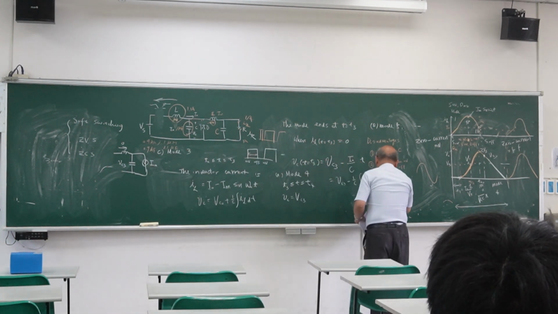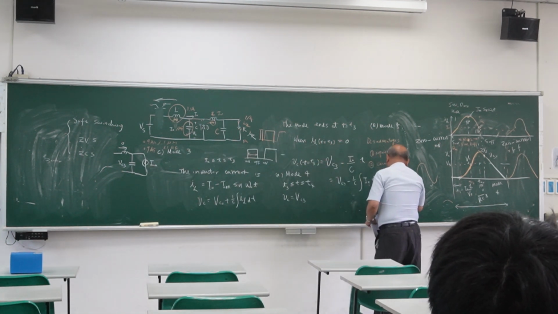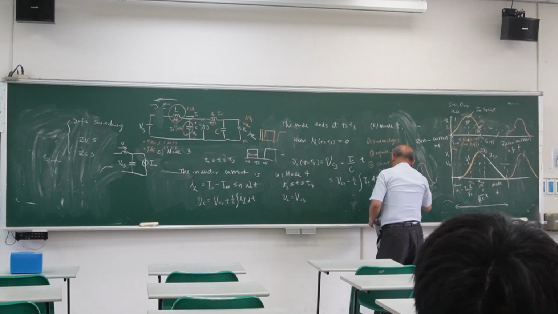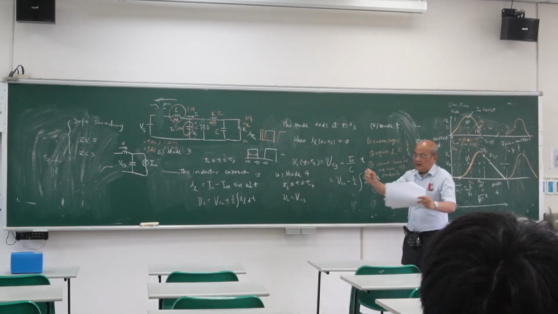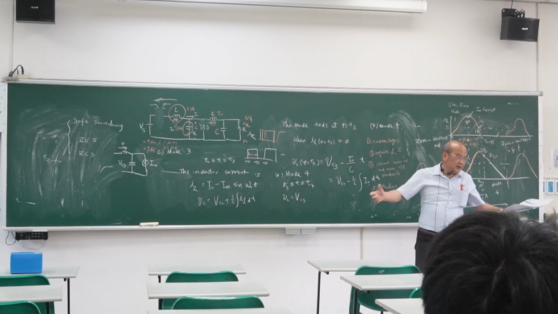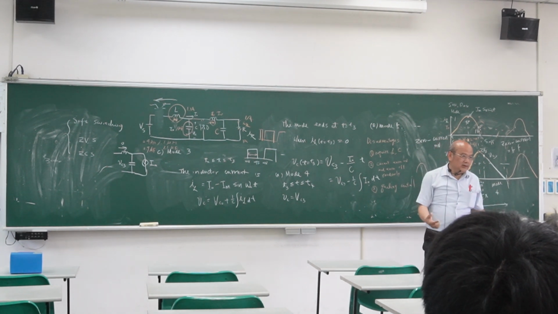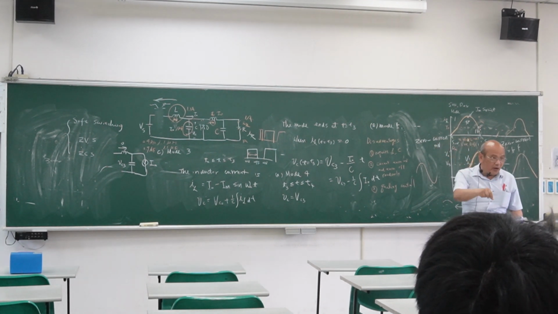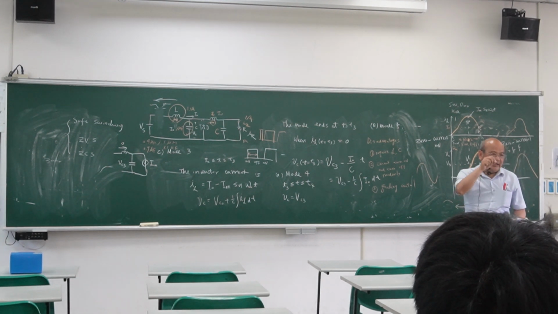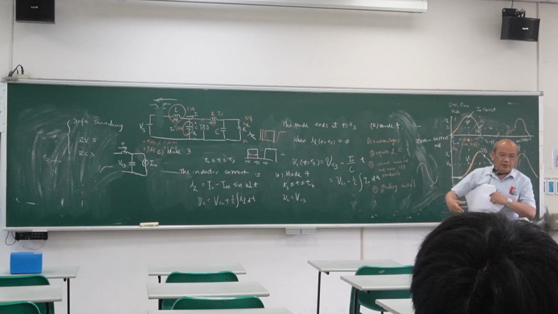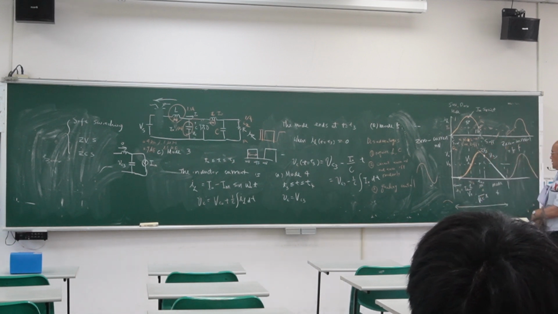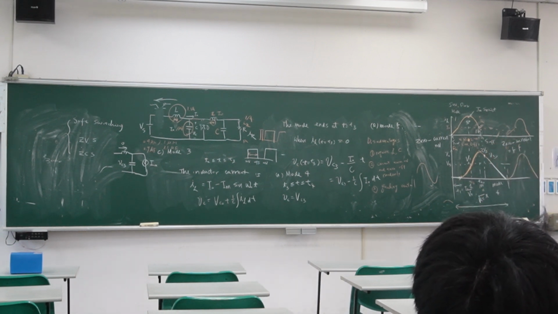So quality control is very challenging. For every product, the characteristic is different, because small L and small C cannot be precisely manufactured. So this is another disadvantage.